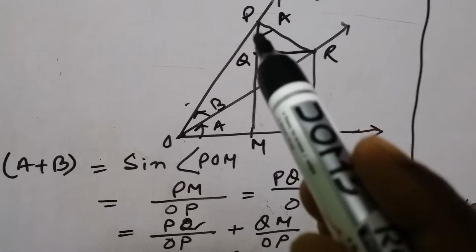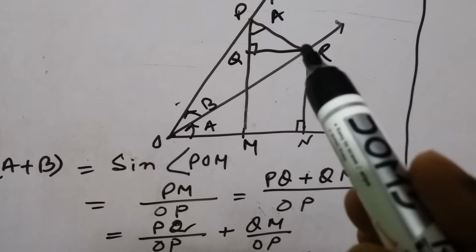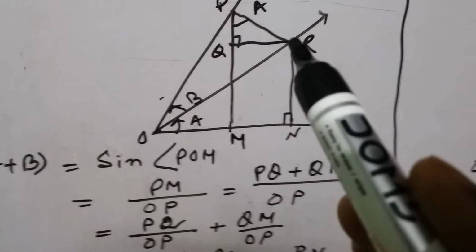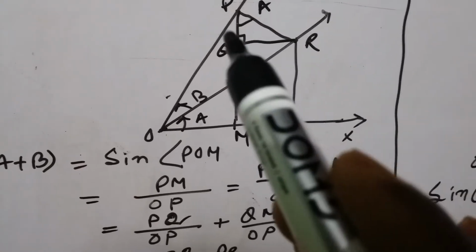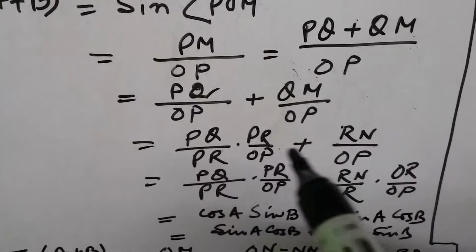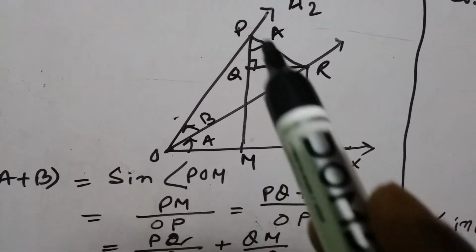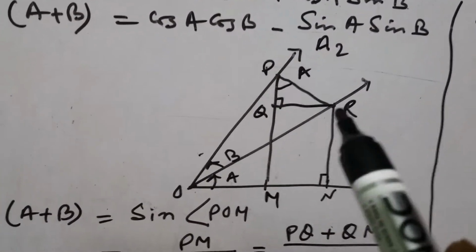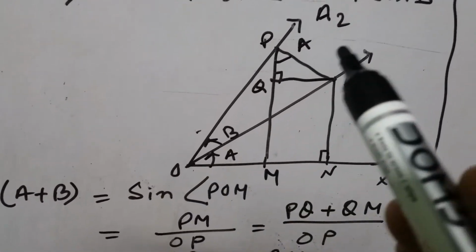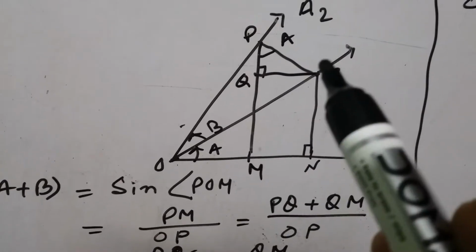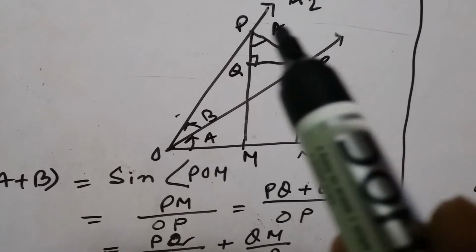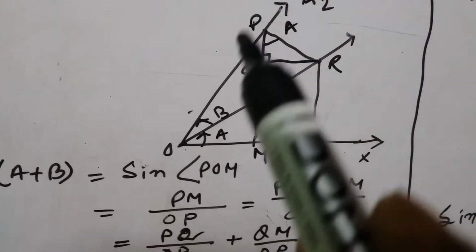Now I see that PQ by PR, from this small triangle PQR, this is base and this is hypotenuse. So cos A, right here cos A, and PR by OP, that is from this triangle POR, perpendicular by hypotenuse.